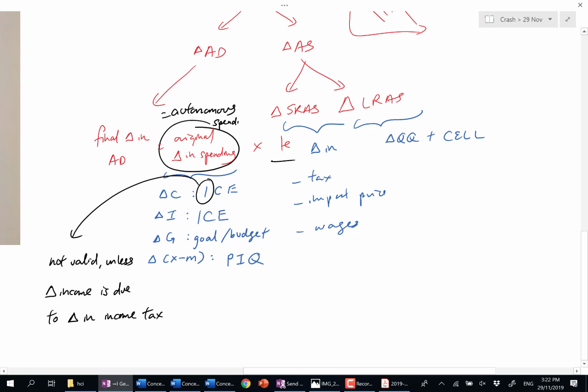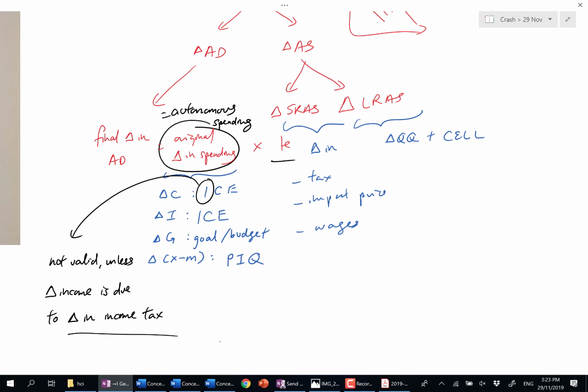If my income went up because I worked more, then I need to ask, why am I working more? It must be because the firms are producing more. Why are the firms producing more? It must be because there was an autonomous increase in AD. So if the change in income is not due to income tax, but it's due to a change in income, if the change in consumption was triggered by higher income because you did more work, chances are you're not looking at the first round in the multiplier process.